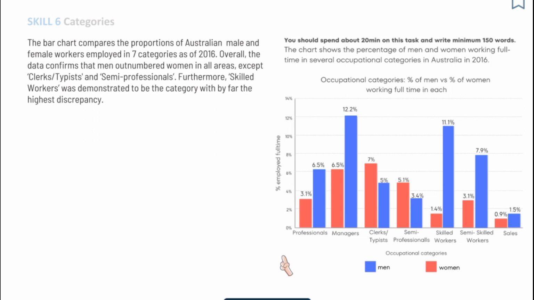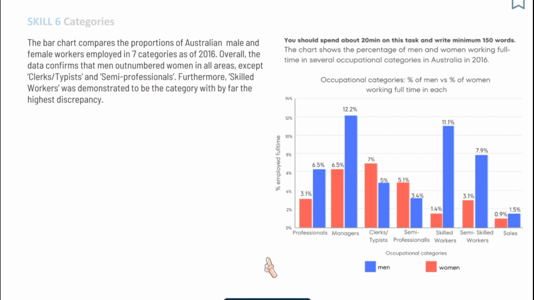If we look at this graph, we will see that we have 7 occupational categories, and in almost all of them there are more men than women. So this information will go to the first sentence of the overview. Overall, the data confirms that men outnumbered women in all areas except 2 exceptions.